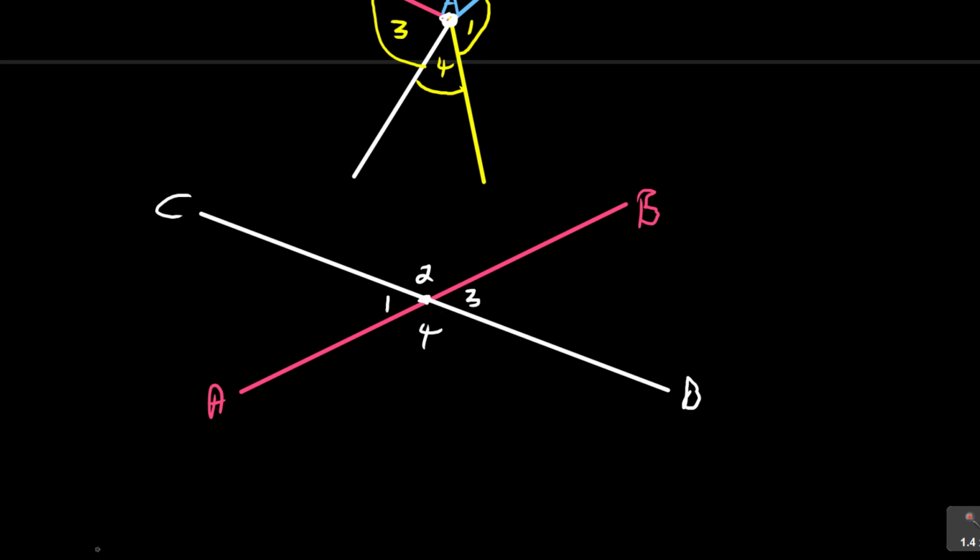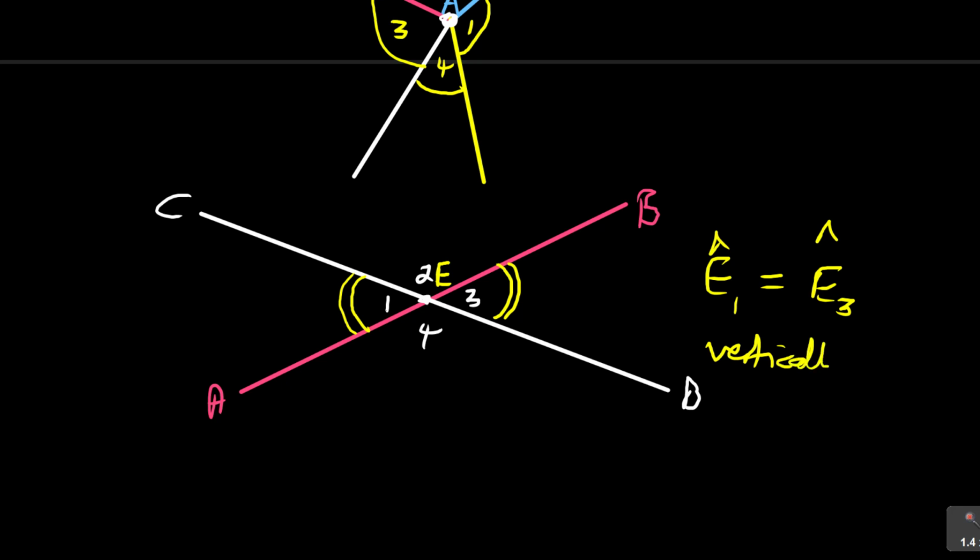But something is more interesting here. If I look at that angle, and I look at this angle, now something is interesting. Let's say this meeting point was point E. So you'll see that angle E1 is equal to angle E3. What do we call them? We call them vertically opposite angles.